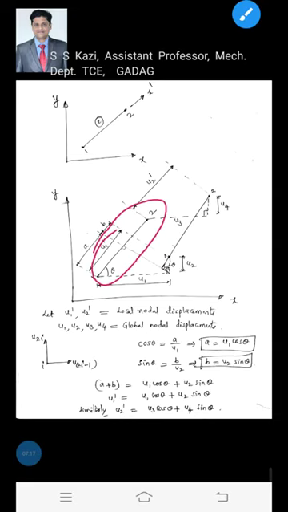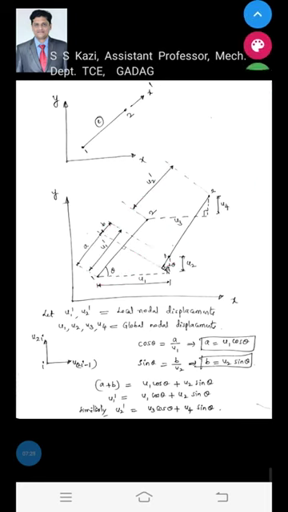Due to the load applied, let us assume that this truss element will attain the new position like this.